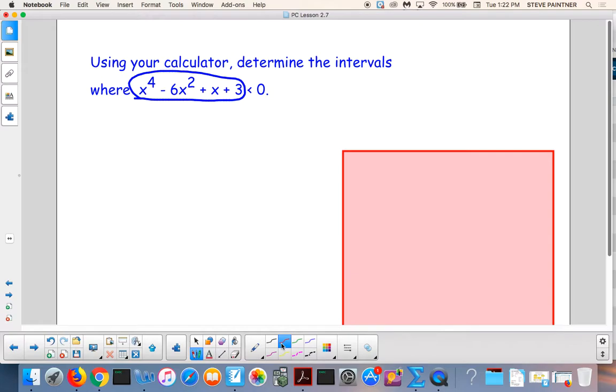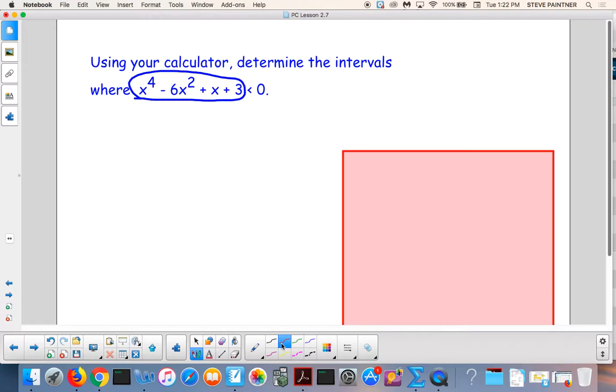You have that cheat sheet from Friday? Good job. You don't even need one. This one's 2.4. Did you have it?